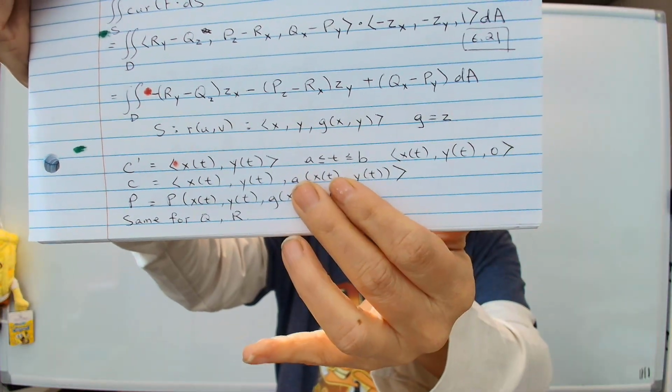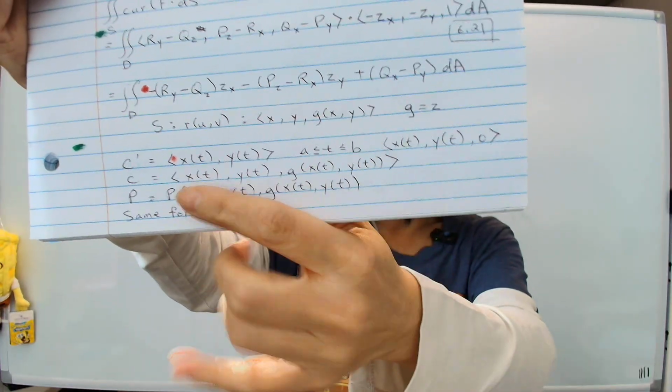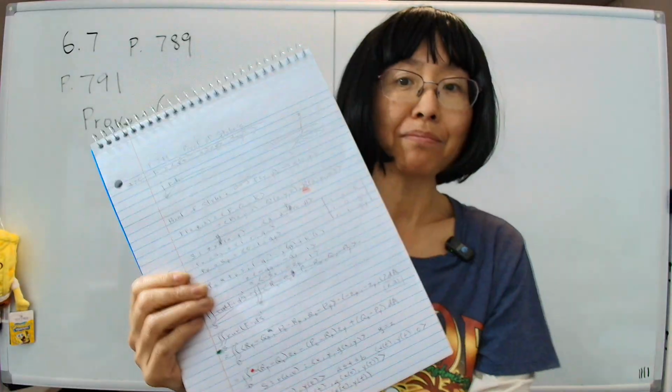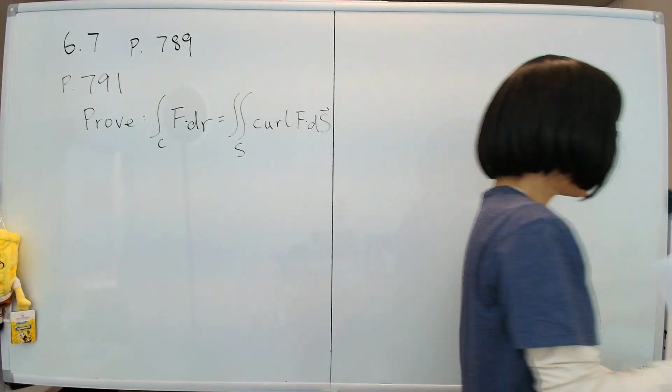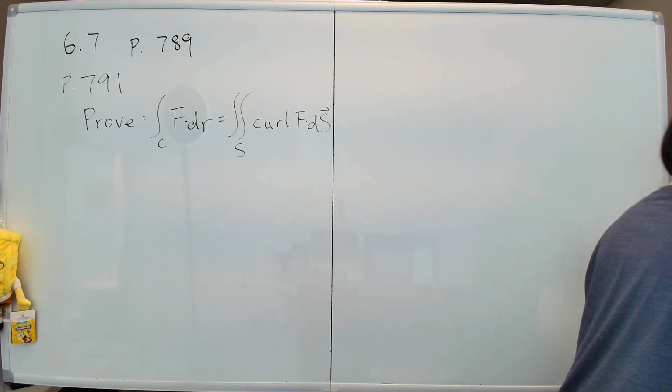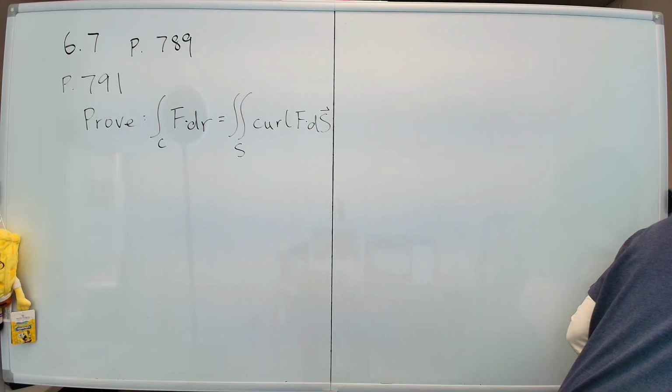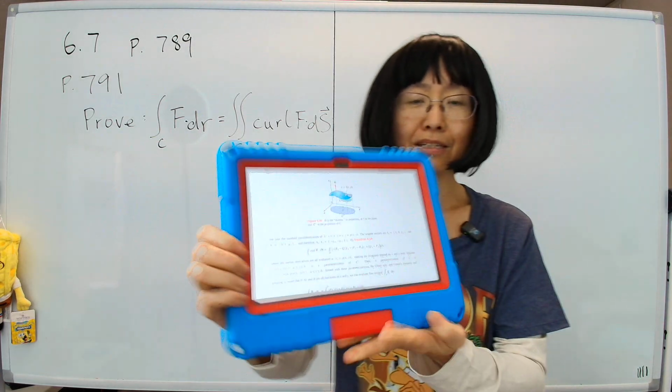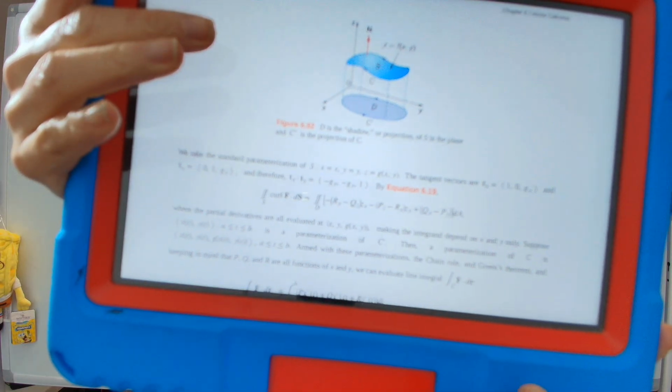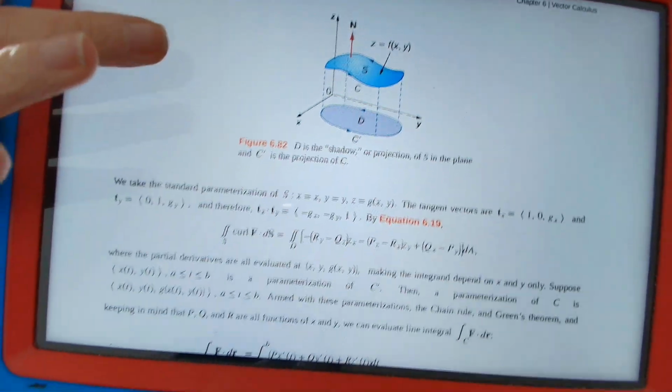So anyway, next we have C prime. What was C prime? C prime is the shadow. We'll talk about C and C prime. Now C is the boundary of the surface, right?